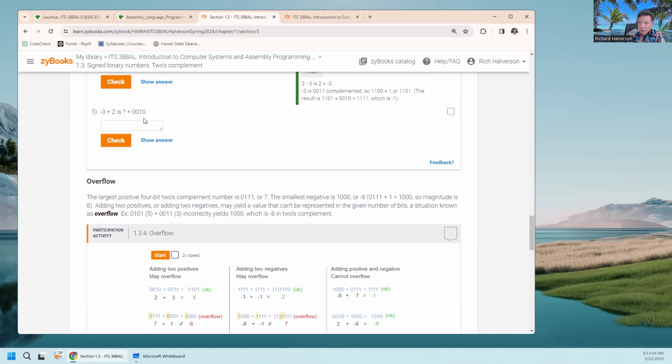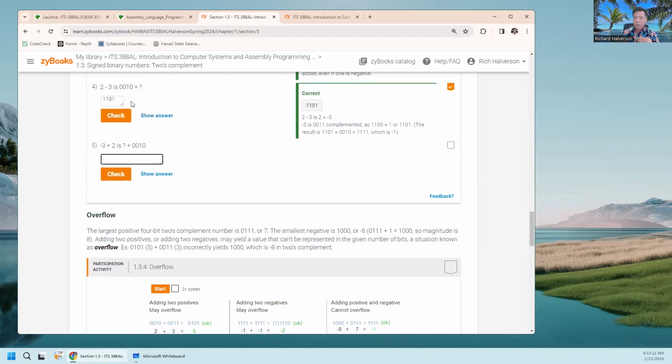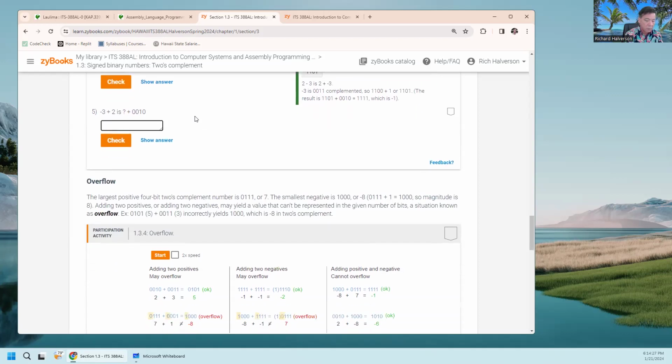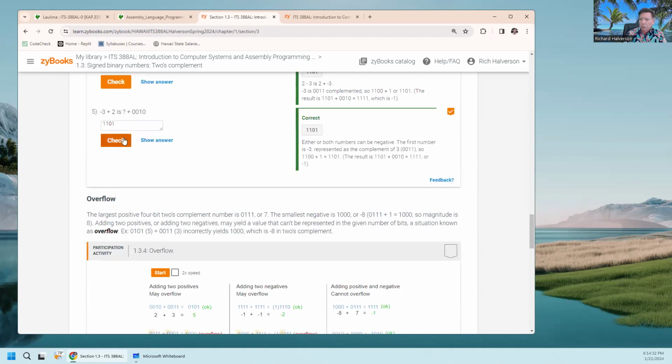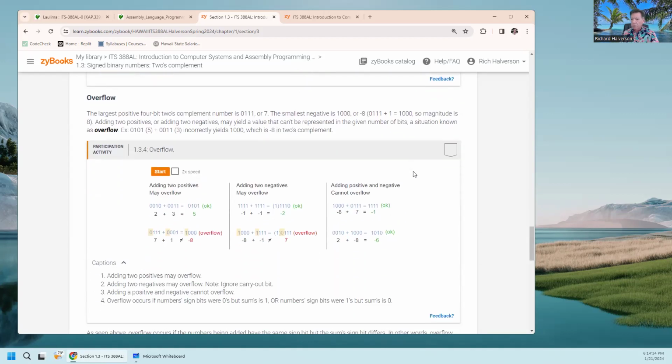And minus 3 plus 2 is, oh, I'm supposed to put what minus 3 is right here, I guess. And minus 3 is, well, didn't I just do that one here? I'm going to put 1101 again. Yeah. Okay.